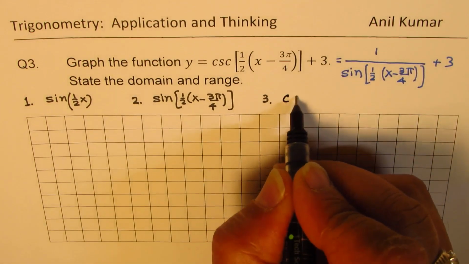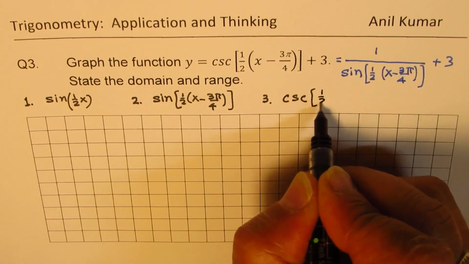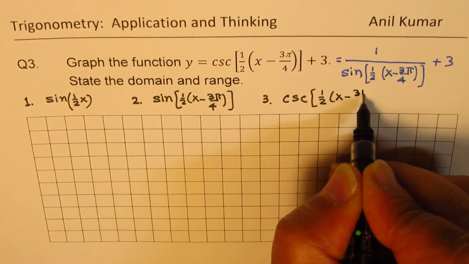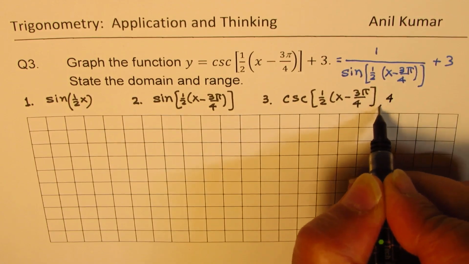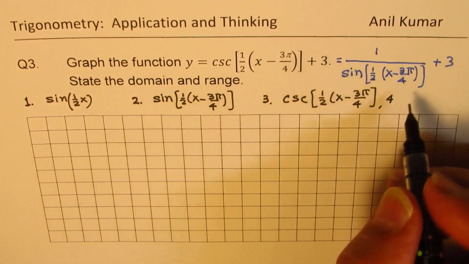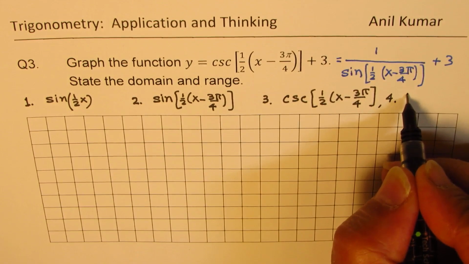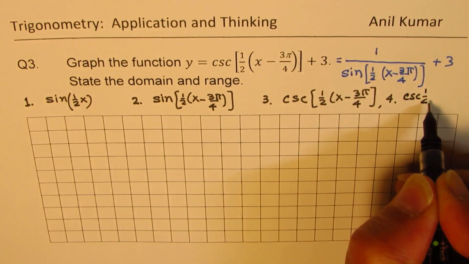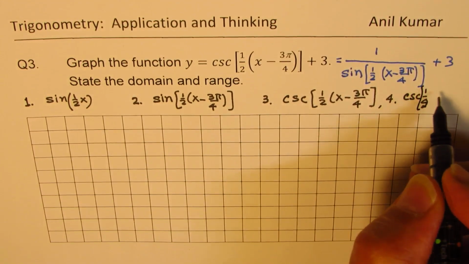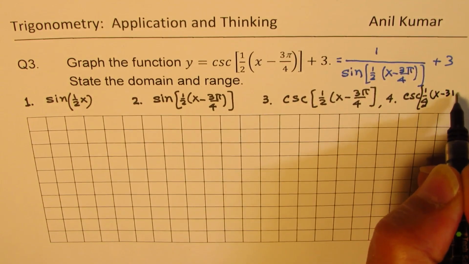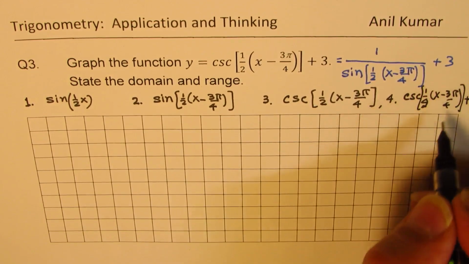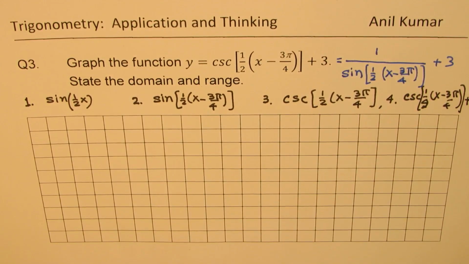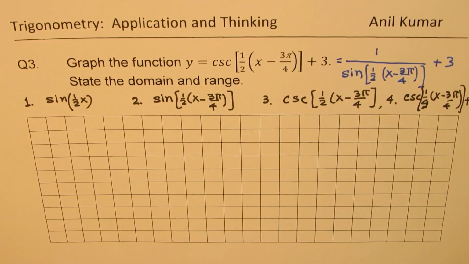That is to say, we'll sketch cosecant half of x minus 3 pi by 4. And finally, in step 4, we are going to translate it 3 units up. So we'll get the graph for cosecant half of x minus 3 pi by 4 plus 3. Is that okay? So the final graph will be our step number 4. So that is how we'll move in a sequence to understand all the concepts.